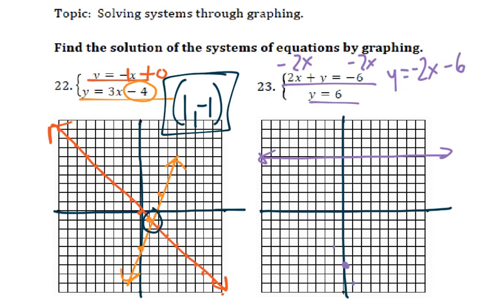Or up 2 to the left 1. We see where it intersects right there, which is at negative 6, positive 6, and that's our solution.